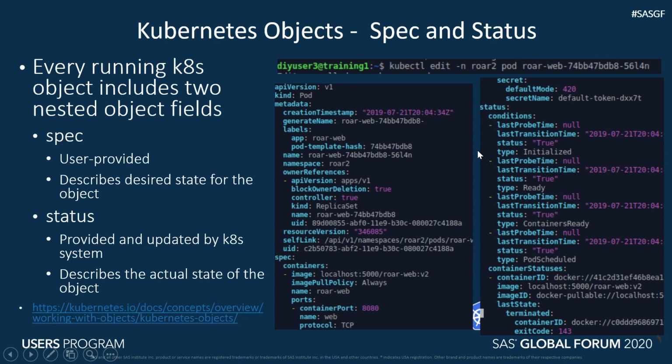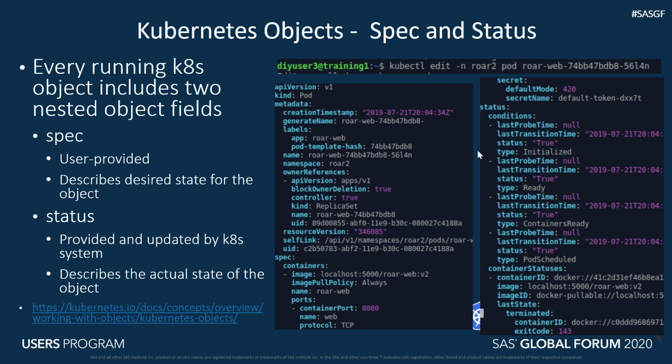Now, when we have these YAML files, these objects we put into Kubernetes, and Kubernetes has taken this and spun them up and is running them, then we have additional information that Kubernetes provides: not just the spec, but also status information. We still have the original spec, the way we defined it to get it into Kubernetes, but then we also have the status. Status information says this is the state of the object.